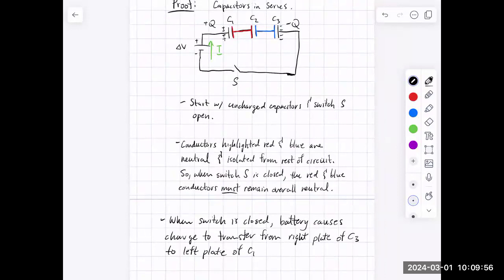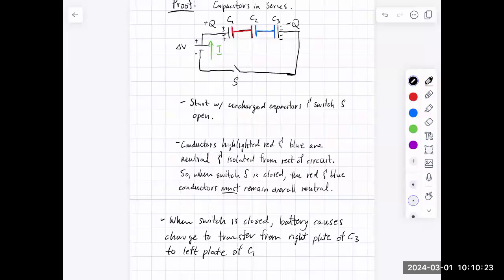Okay, fine, fair enough. If we start putting positive charge, let's say on the left plate of C1, that's very close to its right-hand plate. And so that red conductor is neutral, but it has electrons that are mobile, that can move around. Those electrons will be attracted to the positive plate.